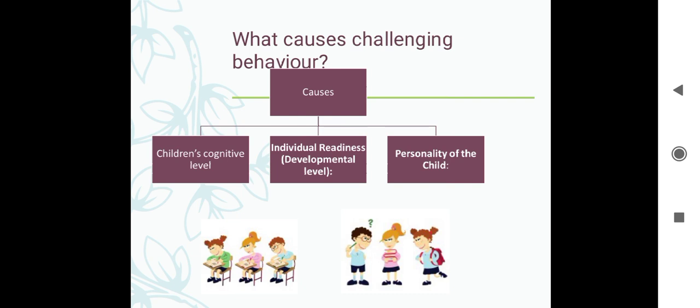And then you ask them to carry a cup of water from the kitchen to the front, and it spills all the way. Why? Because their motor skills are not developed yet. That is what we call individual readiness. It means they are not ready, but they will be capable of doing that when the time comes.